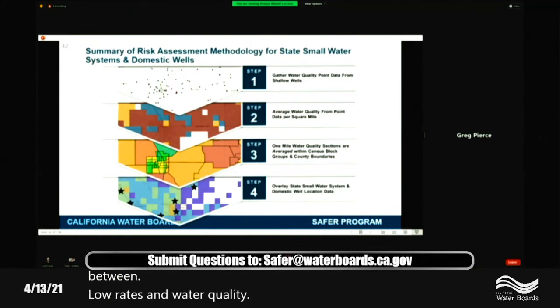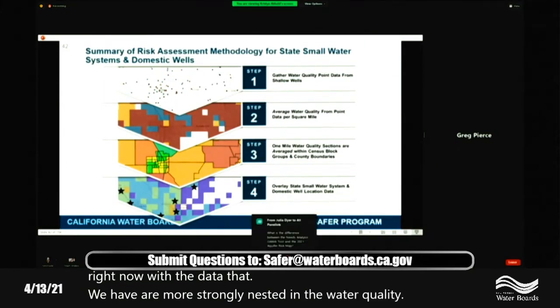But the relationships we're seeing right now with the data that we have are more strongly nested in the water quality and accessibility space. Thank you, Greg.